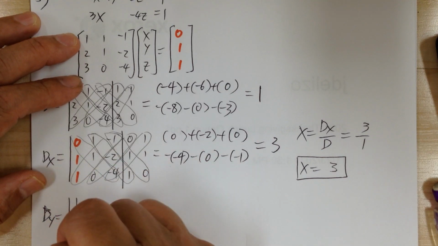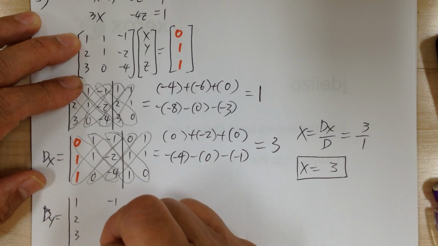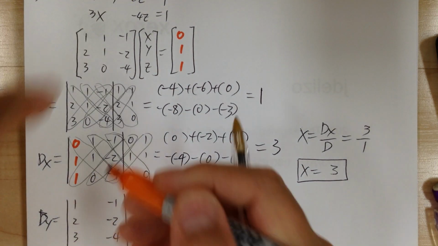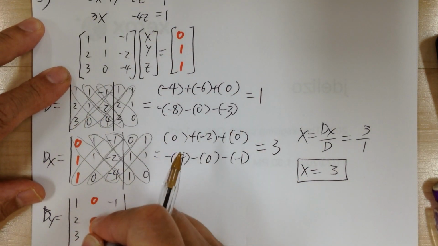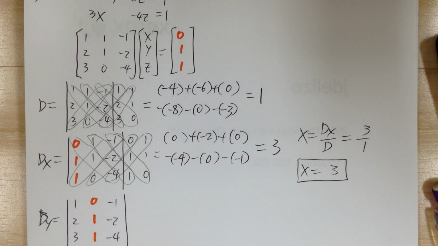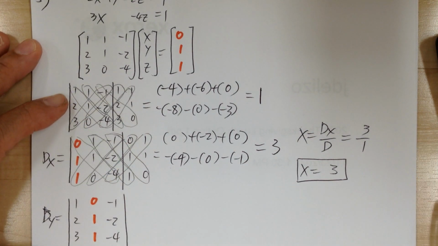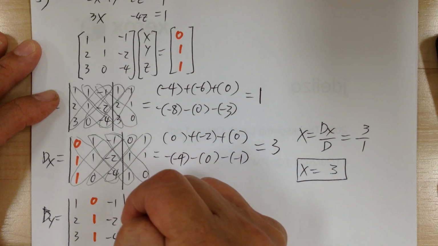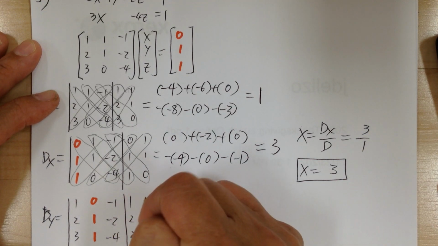Okay, so you can get 1, 2, 3, -1, -2, -4, and replace the middle with the answer matrix 0, 1, 1. Okay, copy the first two columns.